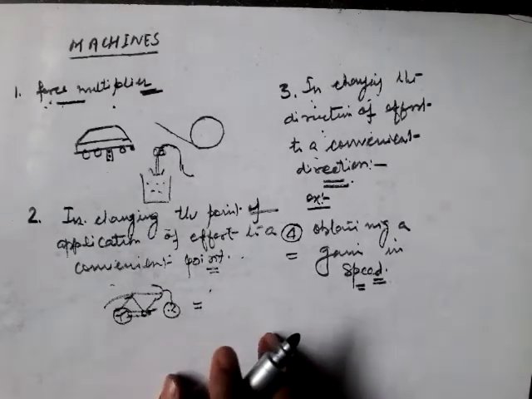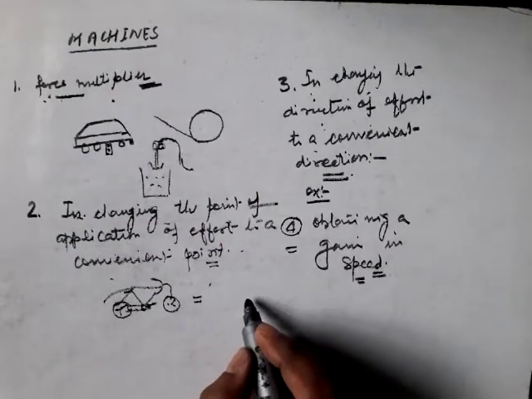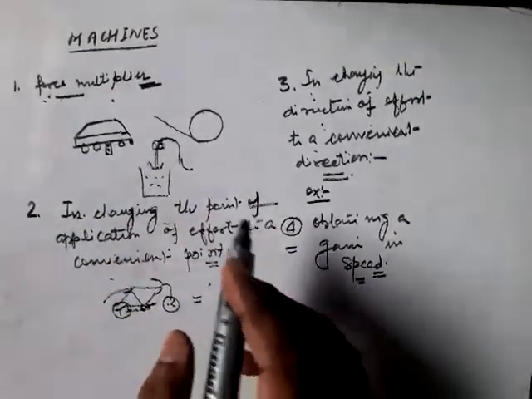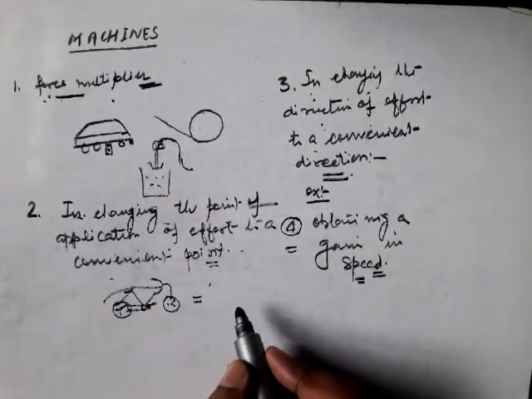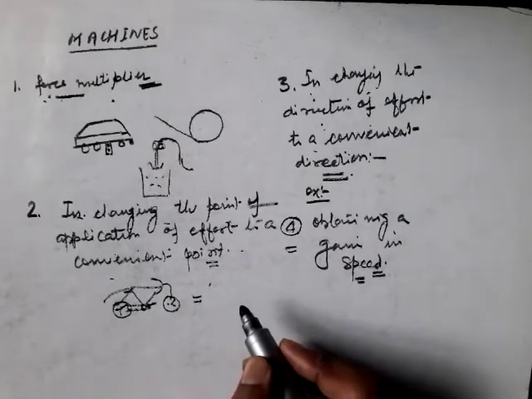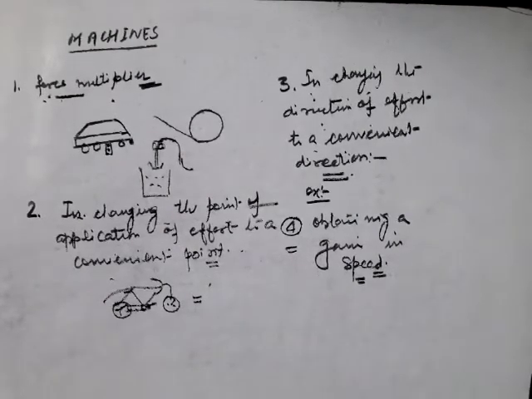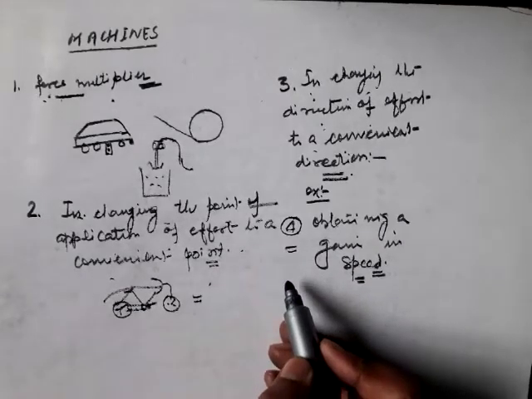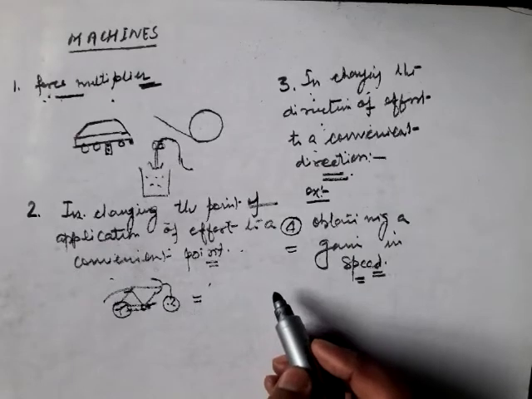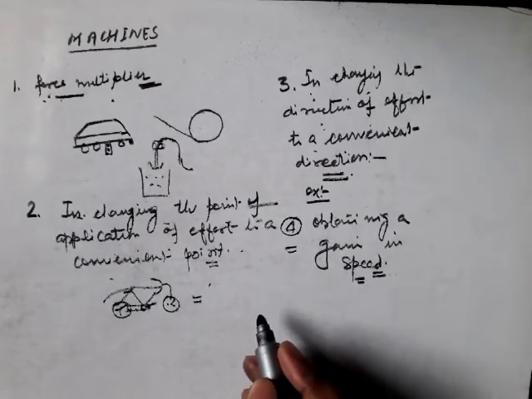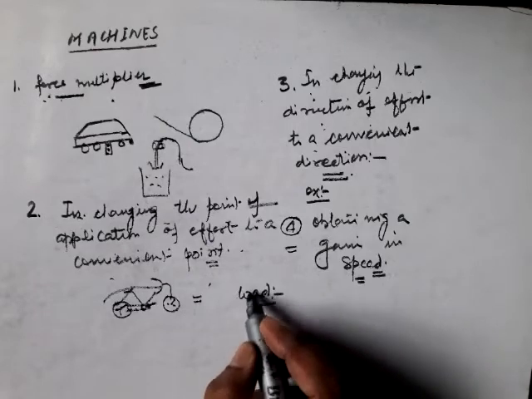So here is a new topic that arises. These are the advantages which are helpful in doing our work easier and faster. So there are some technical words we have to go through. What is load? We have said that load is also a force.